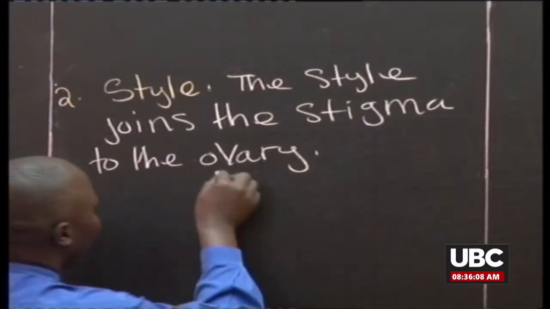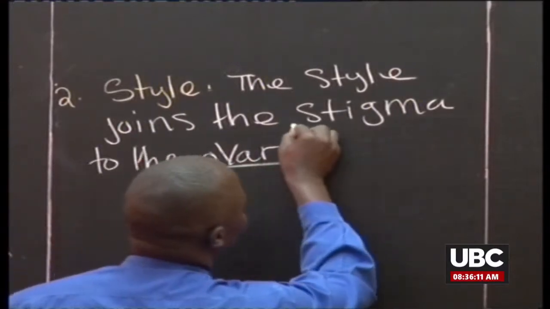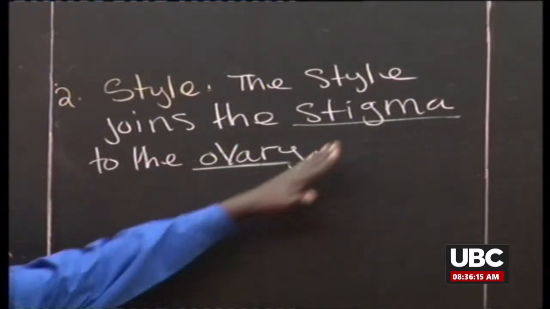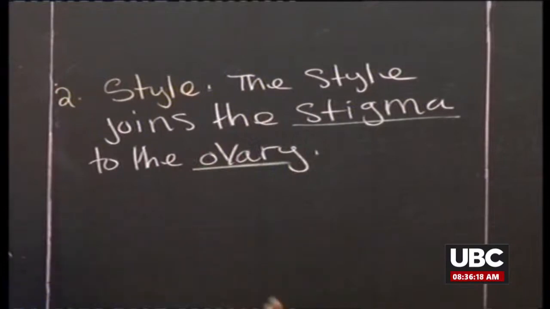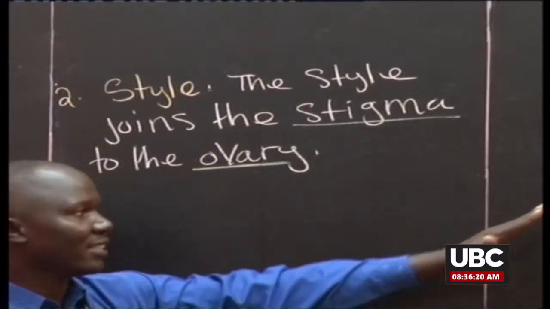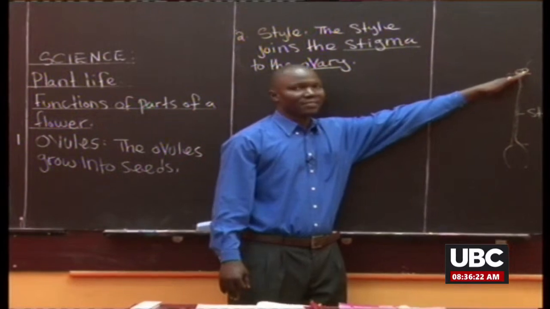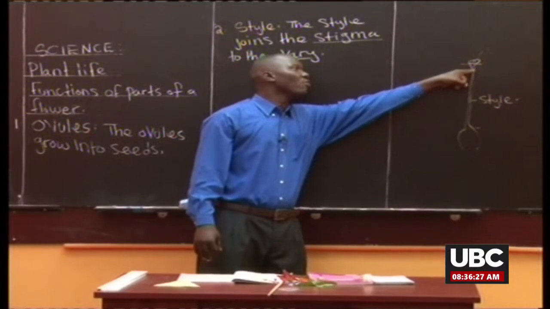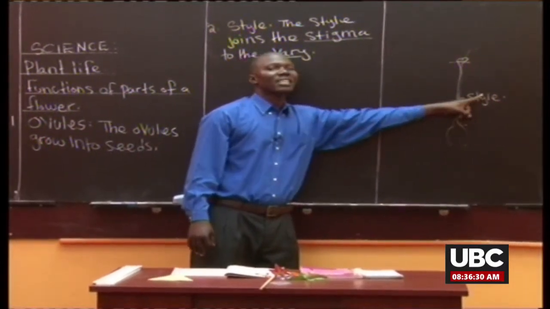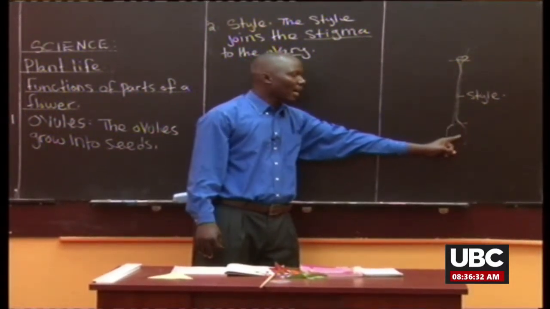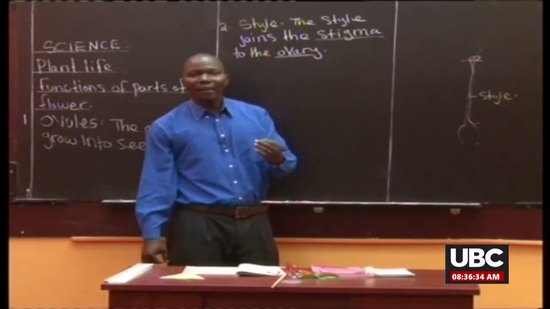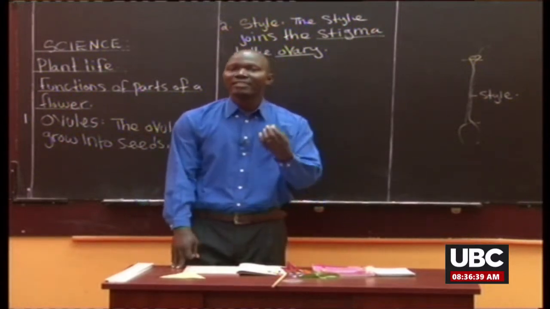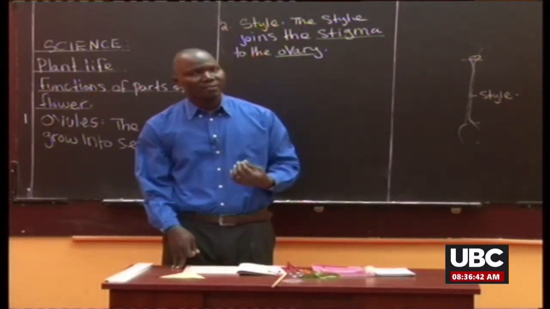Those are very, very important parts in a flower, the stigma and the ovary. How important is the stigma? The stigma receives the pollen. Then the pollen grain moves down through the style to the ovary. So we are right when we say that the style joins the stigma to the ovary.